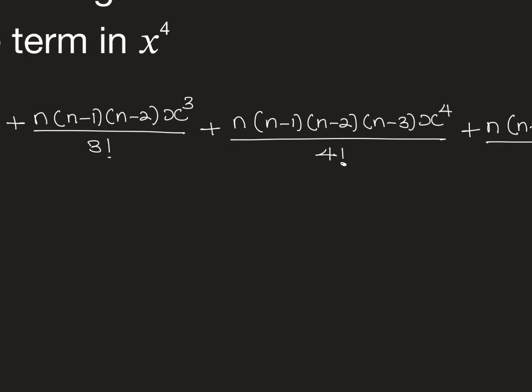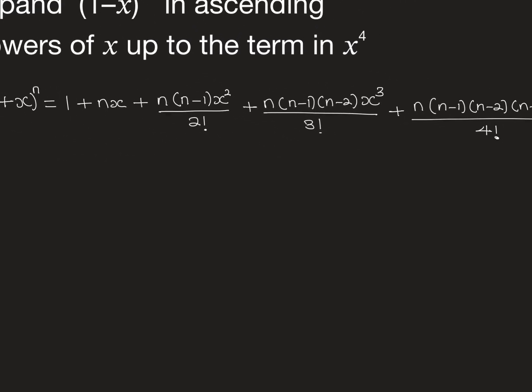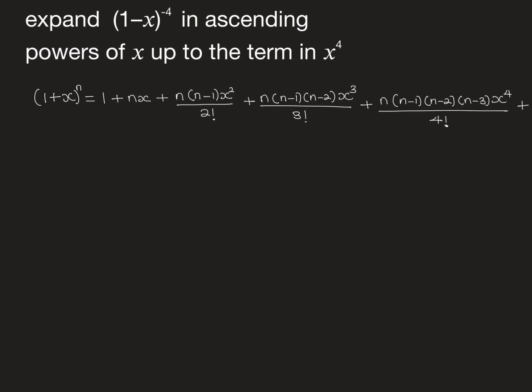Now, going back to what we have, this is the general formula. You start with 1 plus nx, then from there you can see the powers increasing in ascending order. Whatever you have as the power, the factorial will be the same.